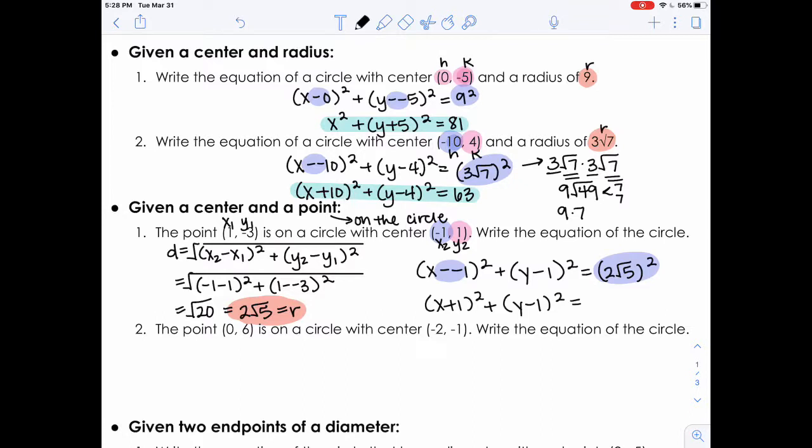So in this case, we end up with 2 root 5 times itself, which gives us 4 root 25, which is 4 times 5. So that is 20. So our final answer here is 20. For this particular example, we had to use the distance formula to find the radius and then plug that in. So let's try the next example.